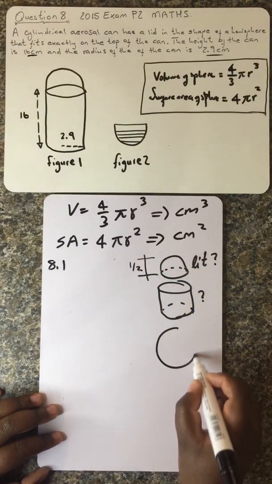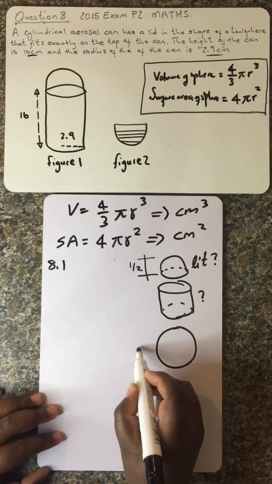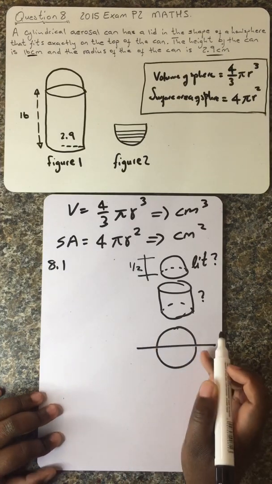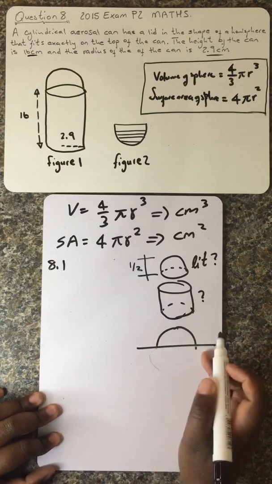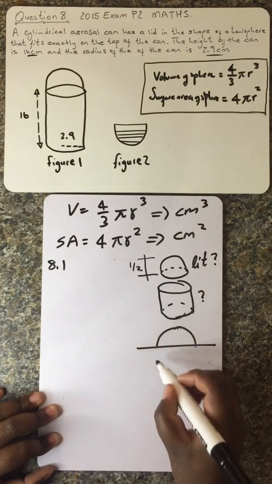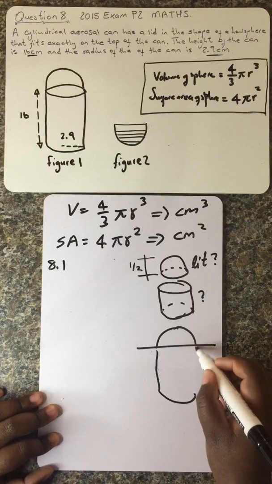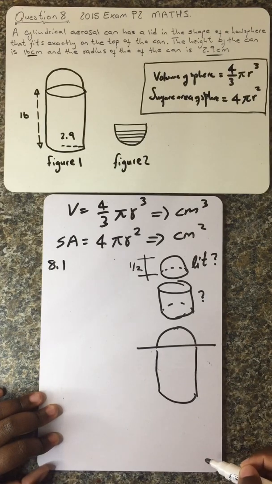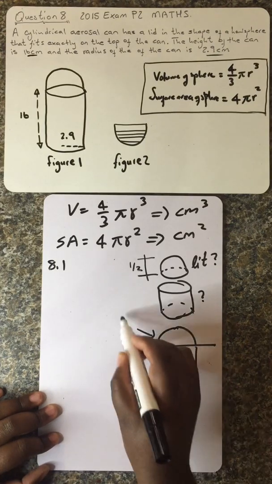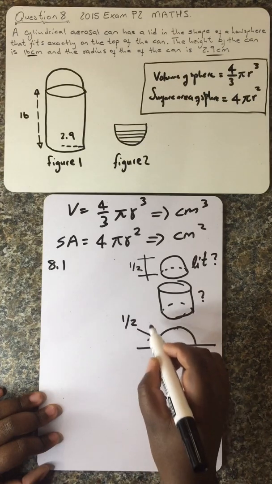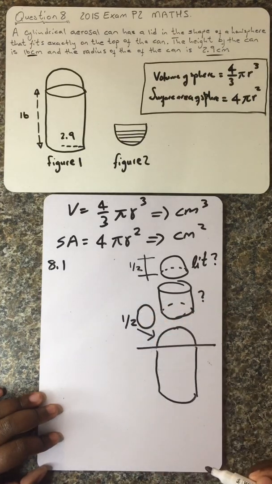Remember, a sphere is just a circle. Now it's cut in half, and only that part forms the lid and is connected to that can. It's very much important that you notice that this is half of that sphere.